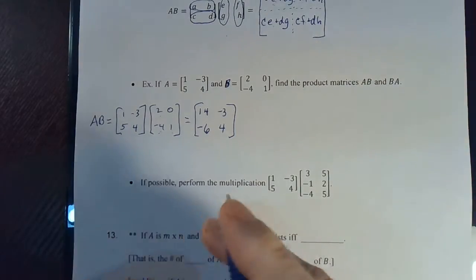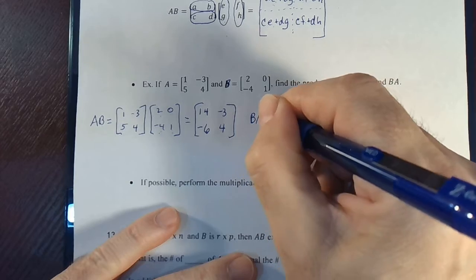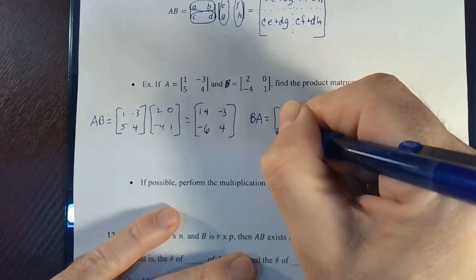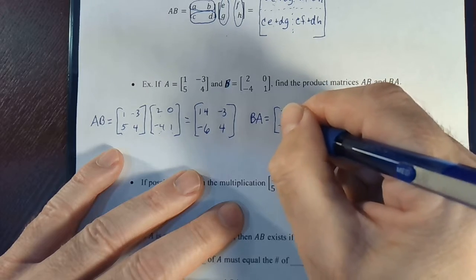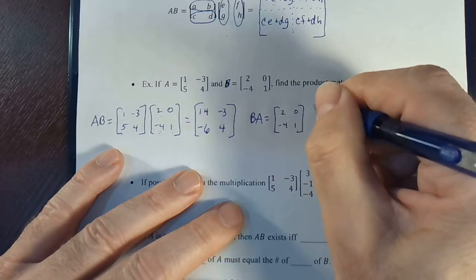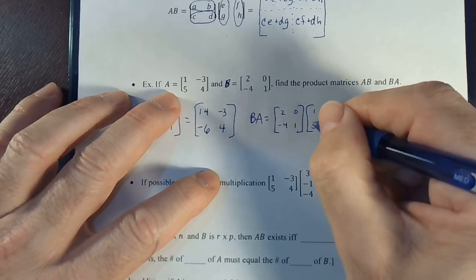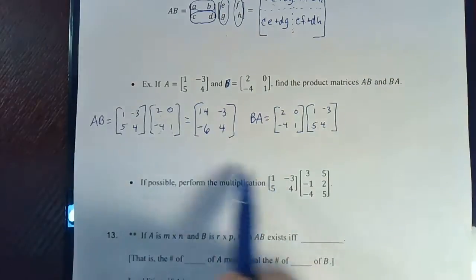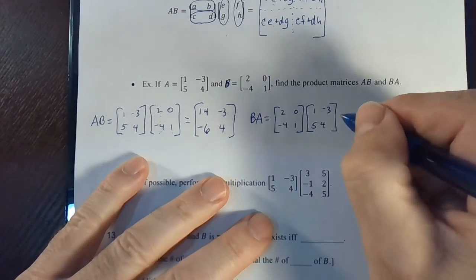That's the matrix AB. Now let's do BA, which would be 2, 0, -4, 1, and 1, -3, 5, 4. So all I did is switch the order of these, and let's do the multiplication.